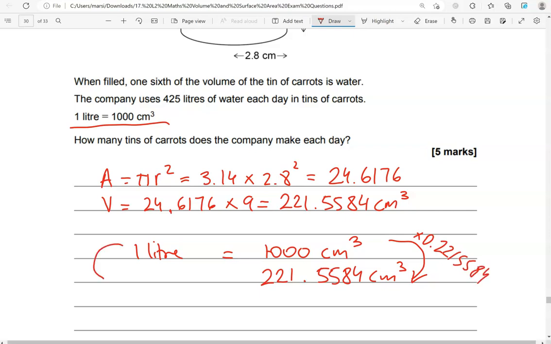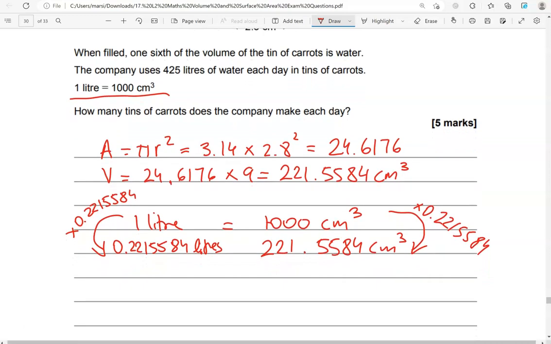So we'll do the same on the other side. So 1 times that number gives us the number itself, which is 0.2215584 litres. So that's how many litres there are in 1 tin.